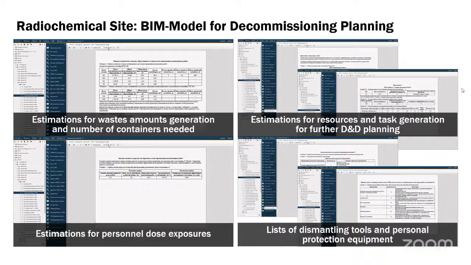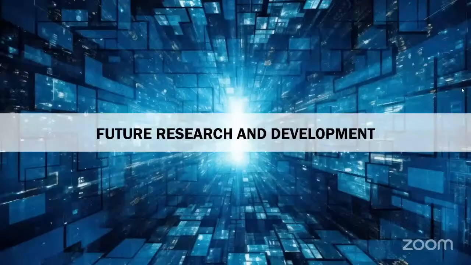We can also estimate the personnel dose exposures for certain rooms, areas, and works. And we can generate the list of dismantling tools and personal protective equipment that we'll need to use during these dismantling procedures. Okay, that's what we have.